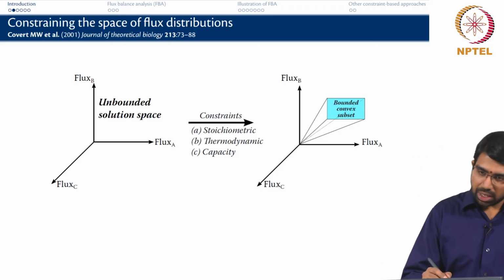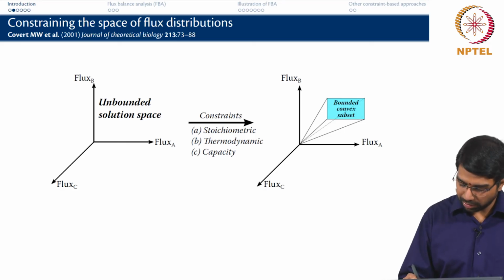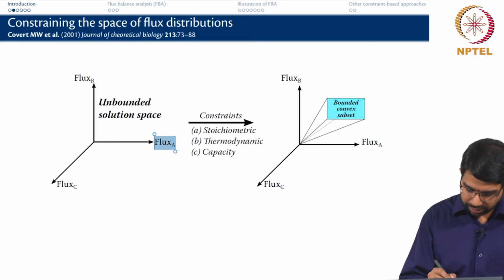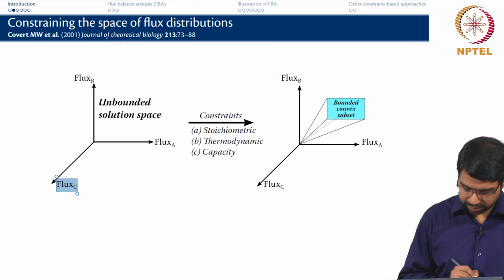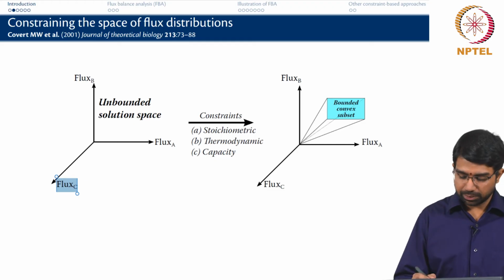So, think of this as a flux space, right? It is a 3-dimensional space. So, you have flux A, flux B and flux C, right. So, just think of it as 3 reactions V1, V2, V3, right.